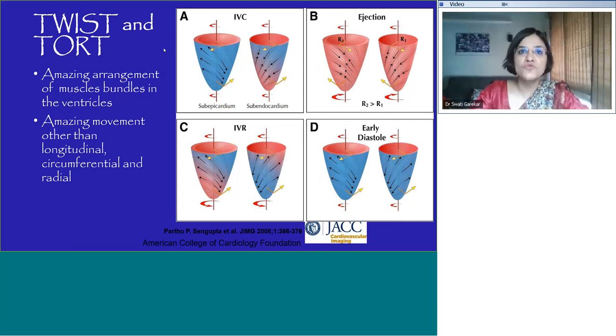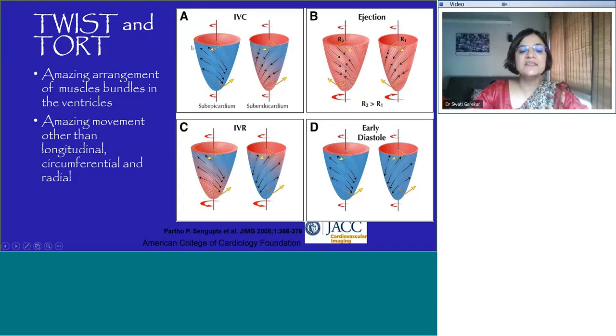It is also about how the ventricle twisting and torting in systole. So it's as if you are wringing a mop to get the water out of it, to get the water to move out in a particular direction. Similarly, the LV wrings itself from the apex towards the base where the aorta is situated, so that blood is expelled out into the aorta.